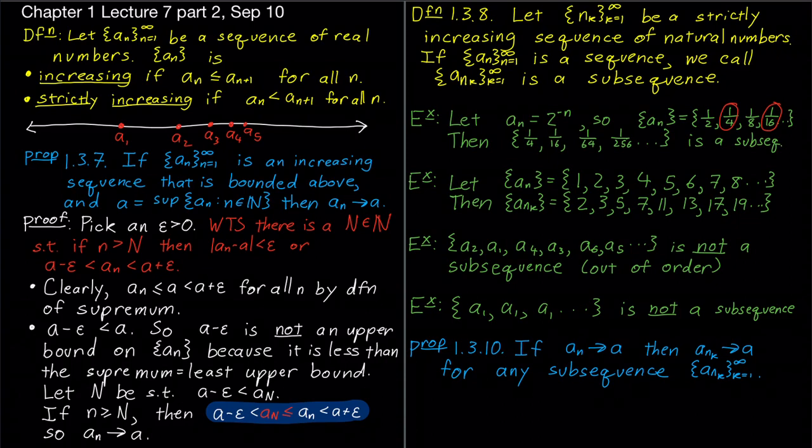And this is one reason I was so adamant that you can't repeat yourself. If we go back to our very first example, this sequence is of course converging to 0.